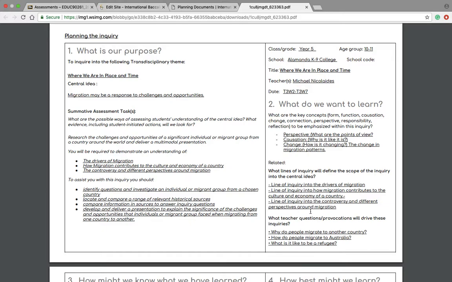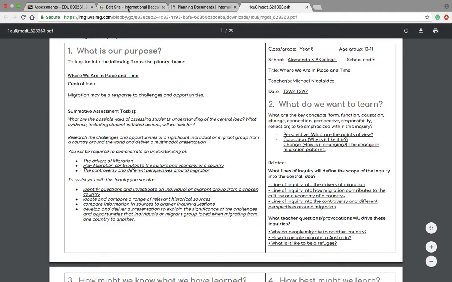And if these key concepts aren't unpacked with children and explicitly taught how to use the key concepts to their benefit, then we're really setting these children up to fail. They need to be explicitly modelled, explicitly taught. Children need to understand why we use key concepts and how these key concepts help to drive a successful, coherent unit of inquiry.